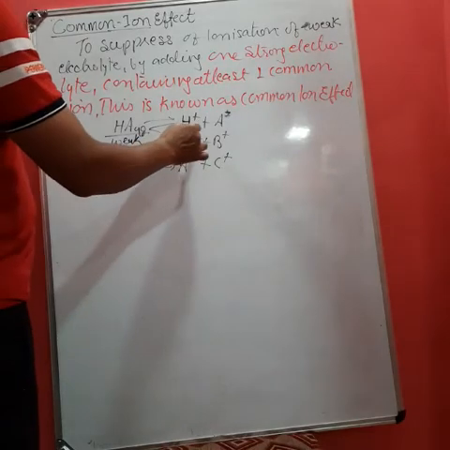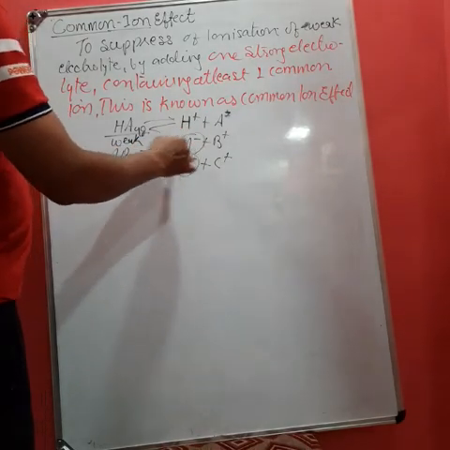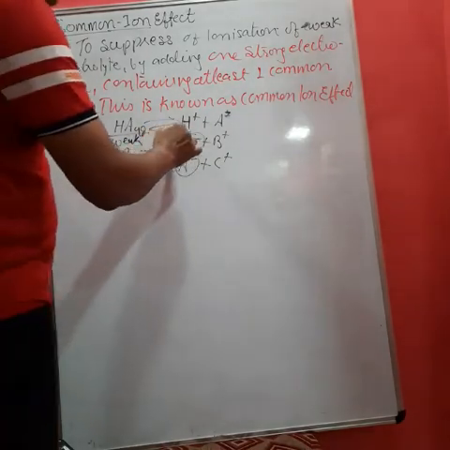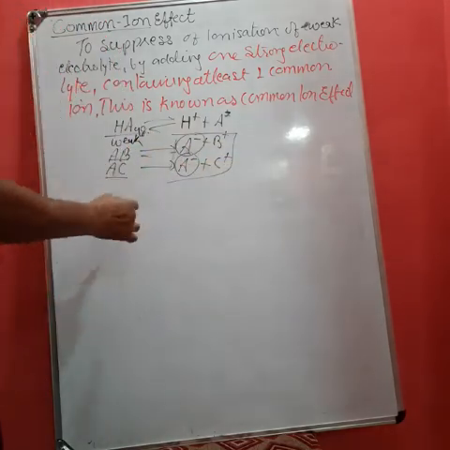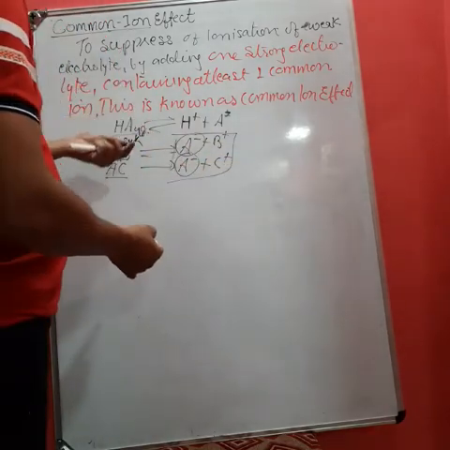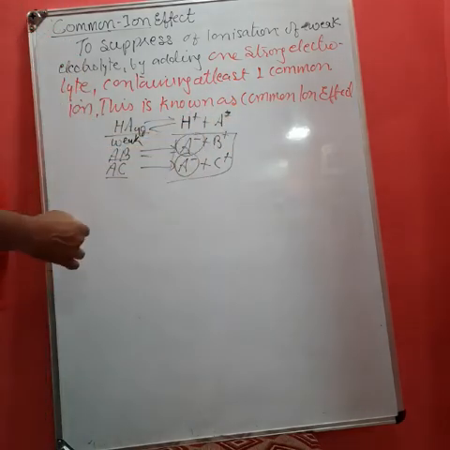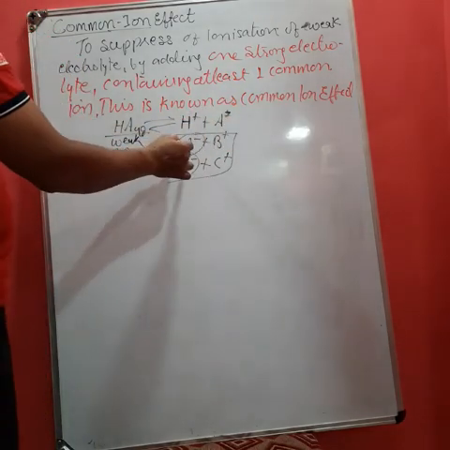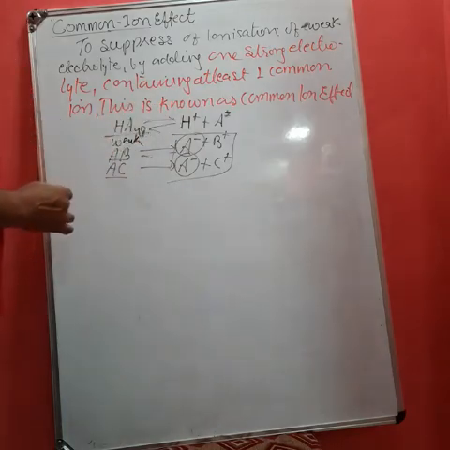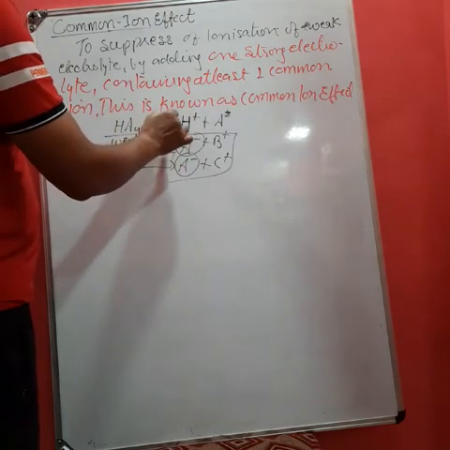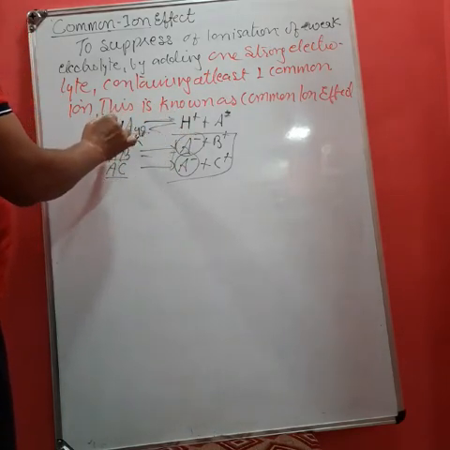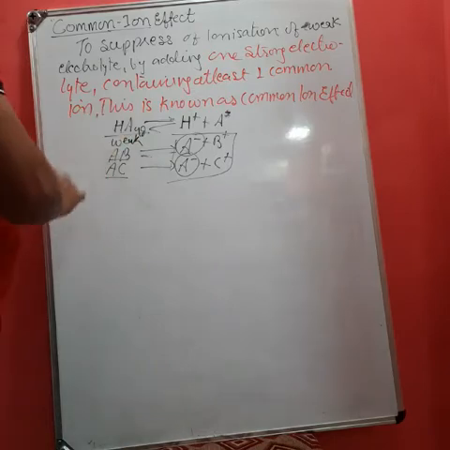Now the concentration of A anion on the product side is increasing. According to Le Chatelier's principle, this increased concentration of A anion will combine with H cation to again form undissociated HA molecule.